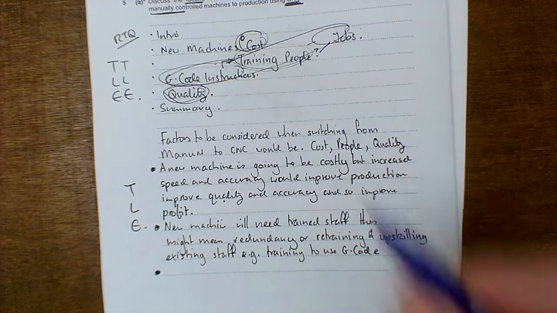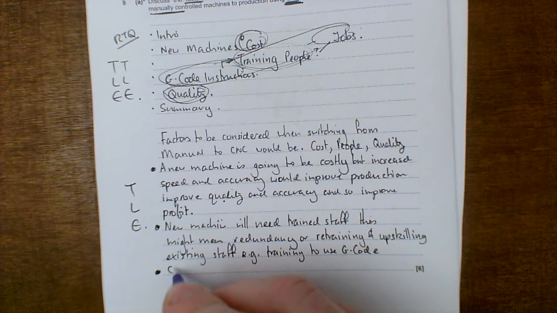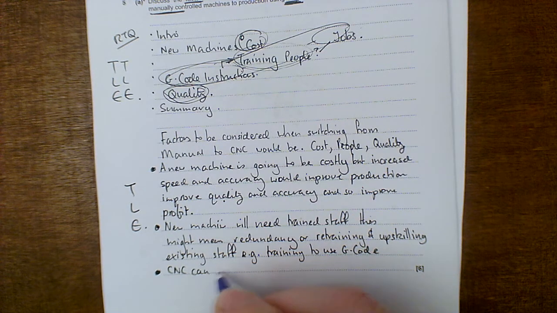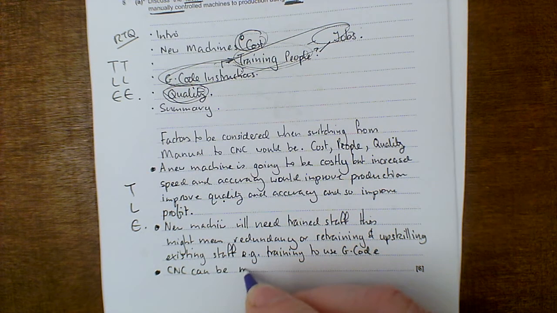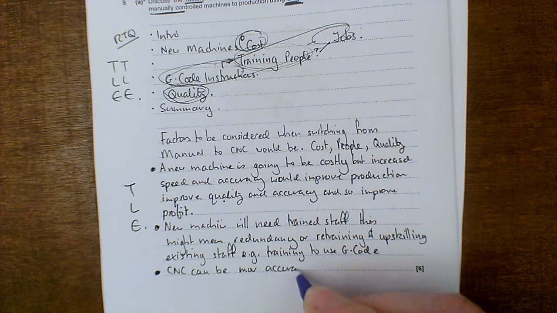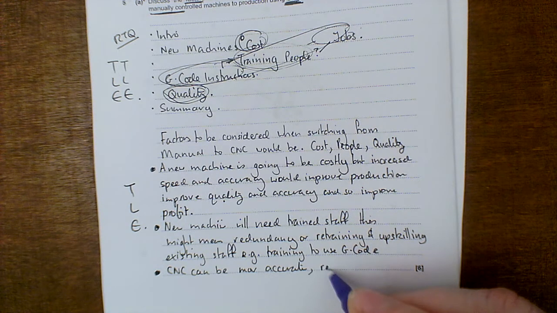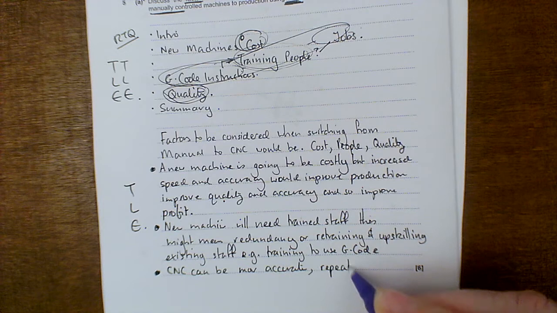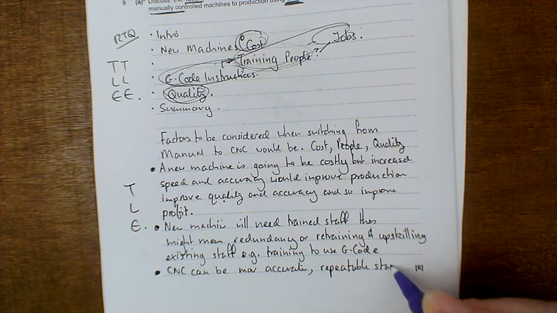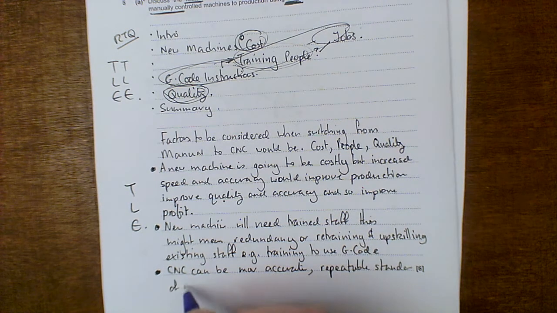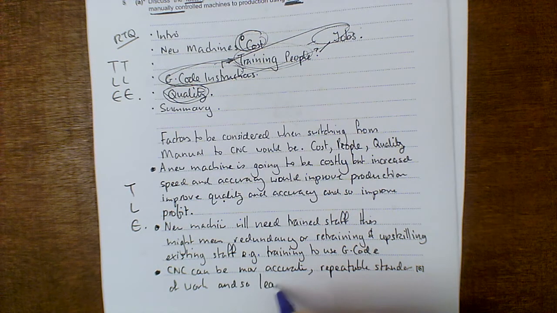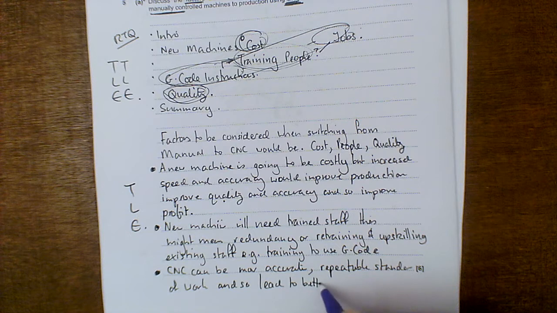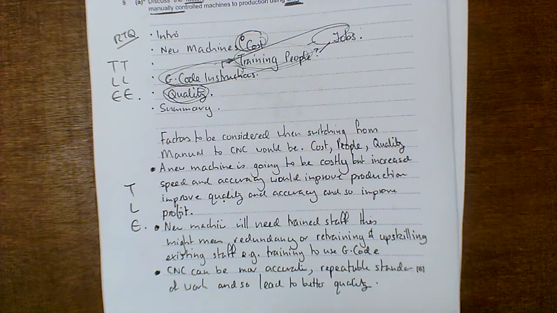So 1 bullet point, 2 bullet points, so I need another one here. Quality. CNC can be more accurate, repeatable, standard, and so lead to better quality.